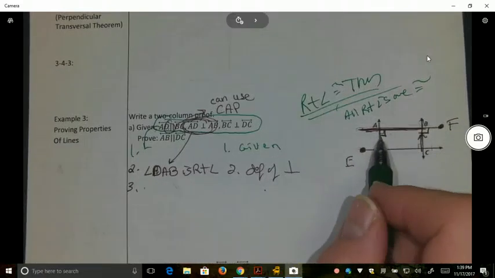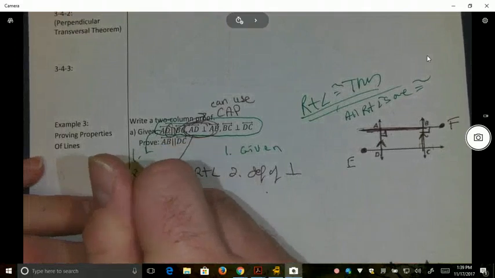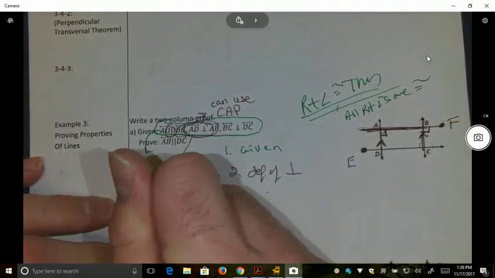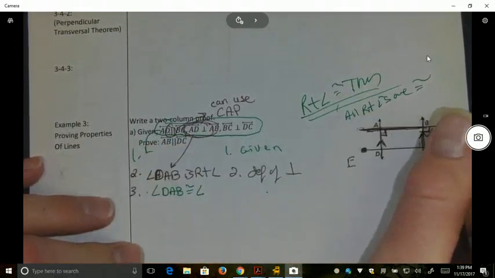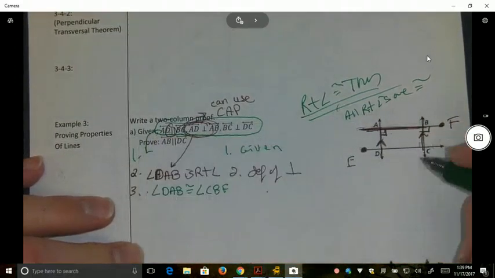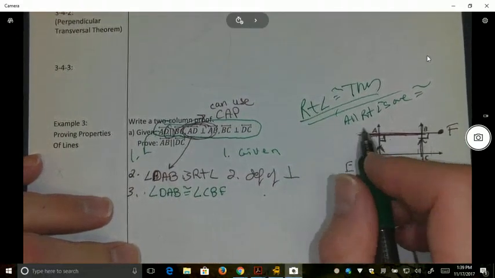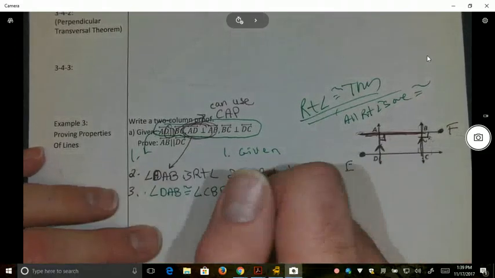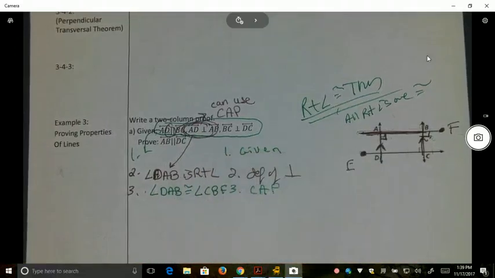Since these are congruent, that means that, because the lines are parallel, angle DAB is congruent to angle CBF. So because they're corresponding with the parallel lines, and this being the transversal, this angle is also a right angle. And I'm going to say that that is corresponding angles postulate.